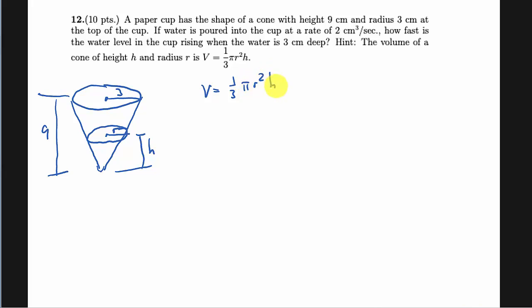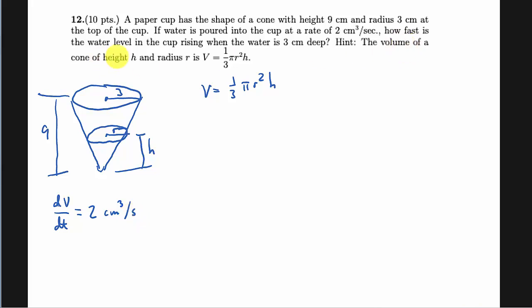Now, let's write down the information they give us and what they're wanting us to find. They tell us the change in volume, right? That's the rate that is being poured into the cup. So we know dV/dt, and we know it's volume because it's cubic centimeters. dV/dt is 2 cubic centimeters per second.